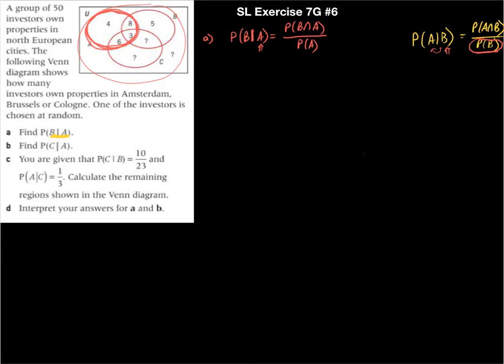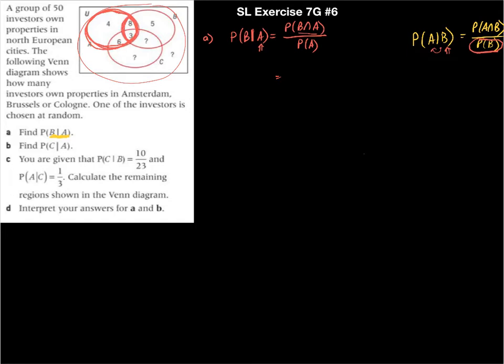Okay, so what I would do here is just go ahead and put these in. We can find the probability of B and A, or not the probability, but we can do the number. We can count up how many things are in B and A. So the overlap of B and A would be this section right here, and so that's what I'm going to do.